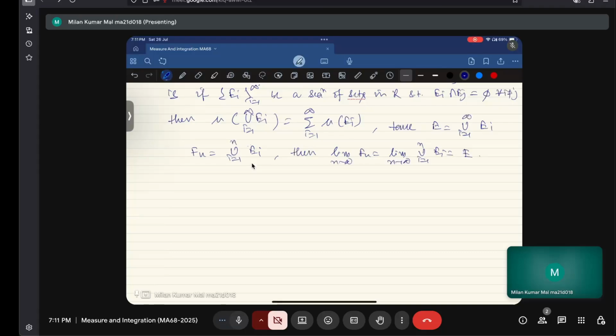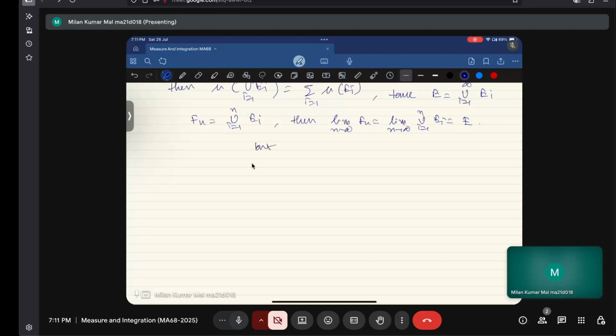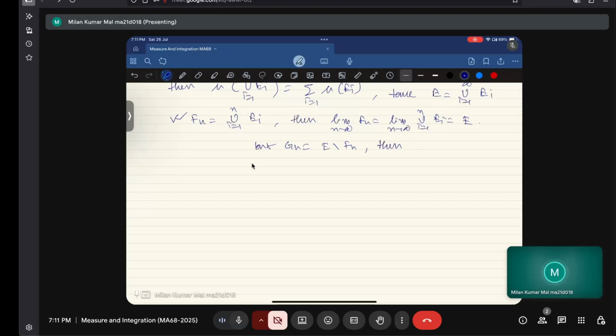Now, if we take Gn equal to E minus Fn, then one can say that the limit as n tends to infinity of Gn is the empty set.